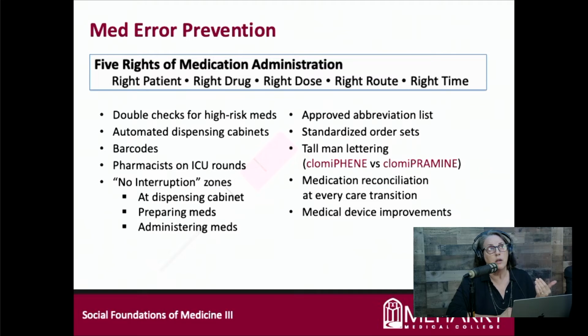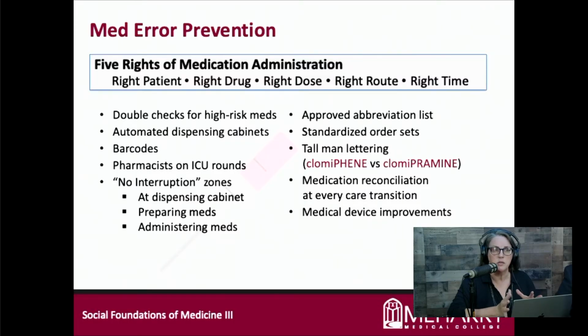For distractions, when medication is being removed from the dispensing cabinet, the nursing staff is entering the medication and they're removing it, or when they're preparing the medication, they're drawing it up or diluting it, or when they're administering it, there are many facilities that have a no interruption policy or no interruption zone.